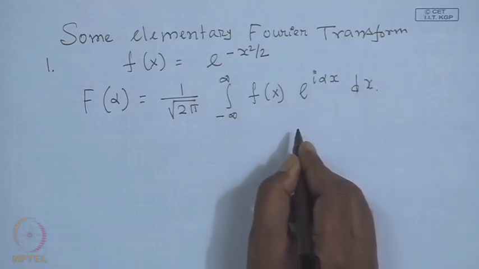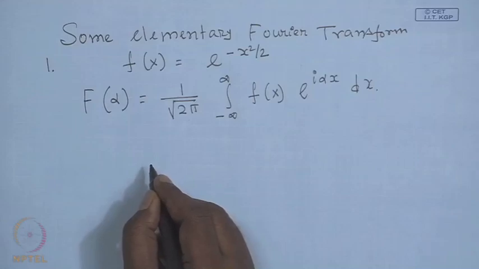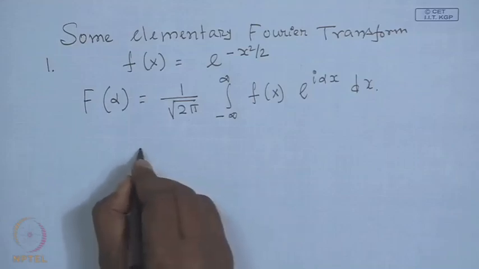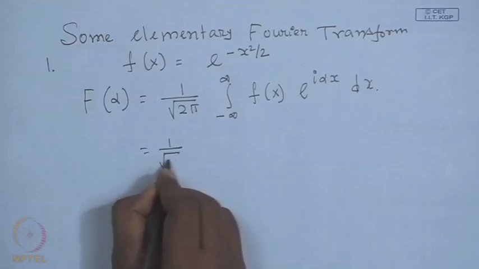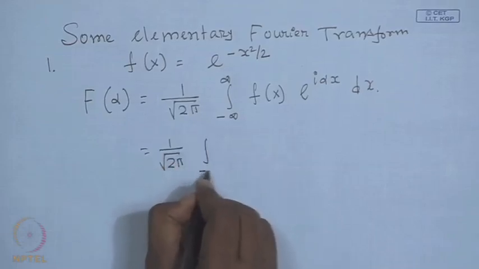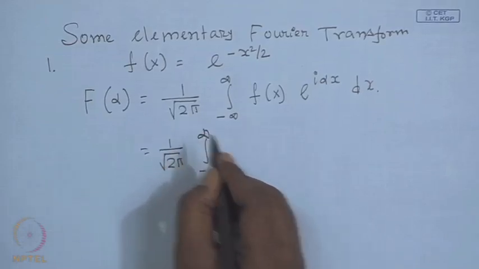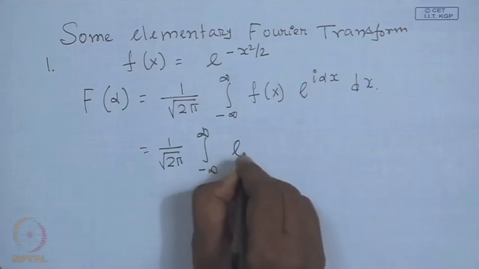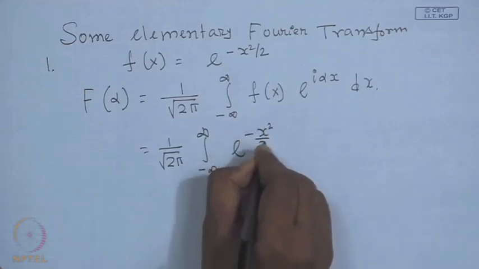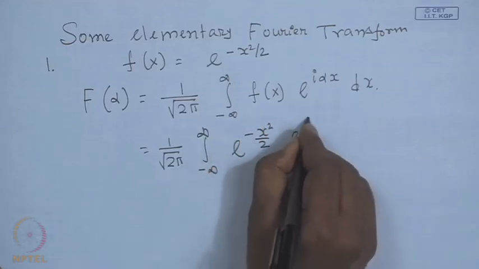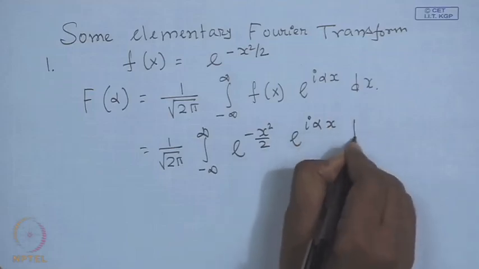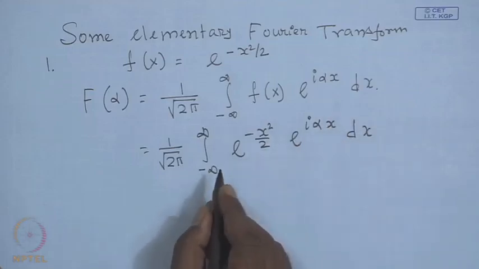So, this is the form of the Fourier transform in the alpha domain, with f of x equal to e to the power minus x square by 2 times e to the power I alpha x dx.